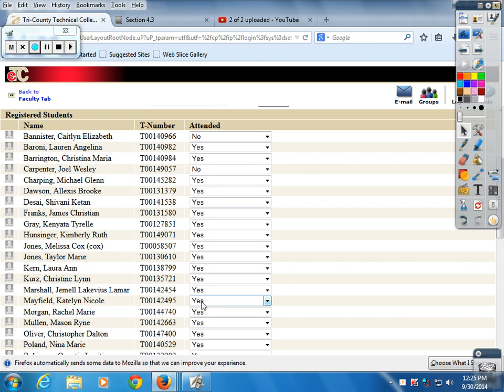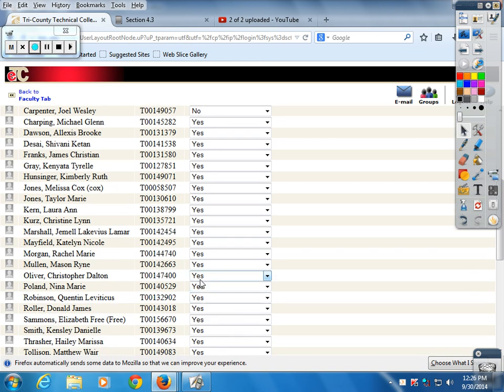Mayfield. Morgan. Y'all loud ones I can't keep. Mullen is here, right? Oliver is here, right? Yep. Poland is here. Robinson is here. I'm learning some of y'all's names.